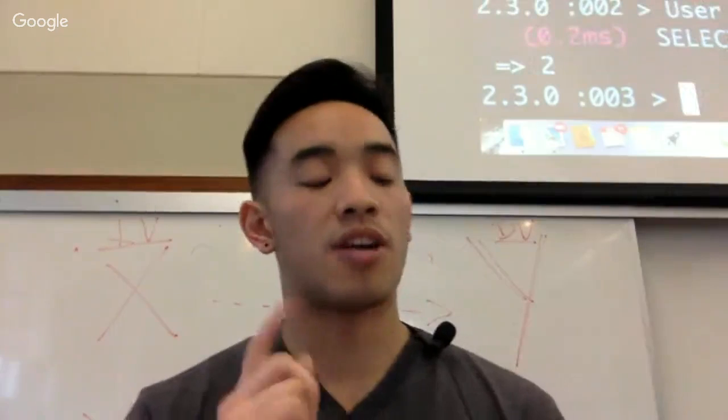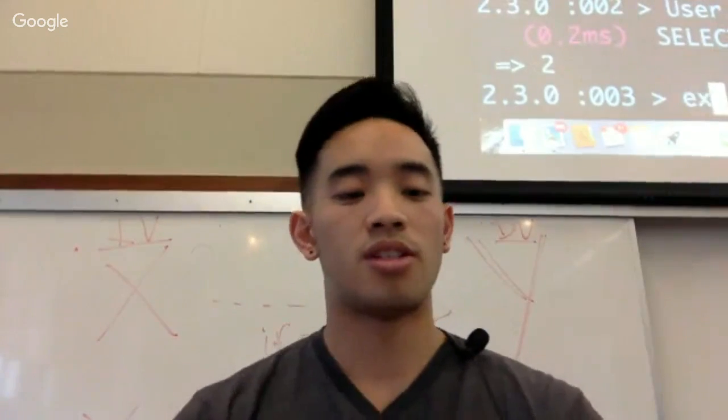I'm going to say its name is Rob, and this person's email is bob@c.com. Now when I do User.count, this will give me the number of users. I should have 2 users. This is all from last week.